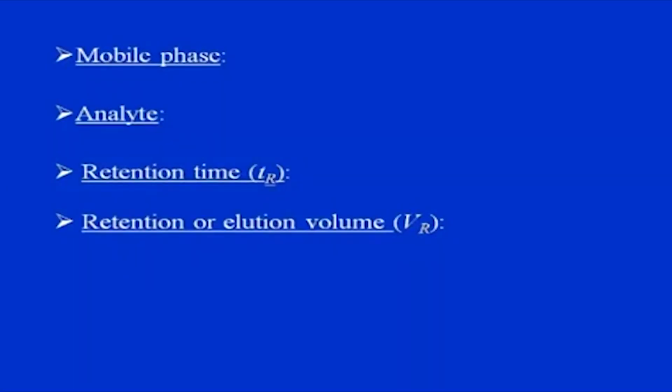Now, regarding the mobile phase, there are two more terms. One is called eluent. Eluent is the carrier portion of the mobile phase, and it moves the analyte in the chromatograph, that is, the instrument. So, eluent is the solvent that is part of the mobile phase, the carrier portion.